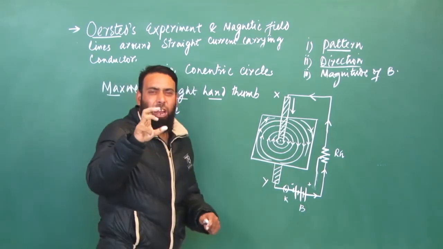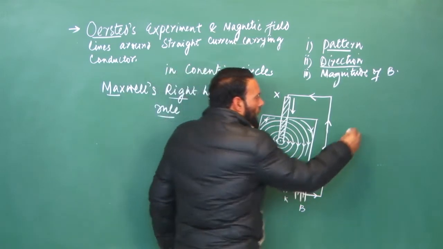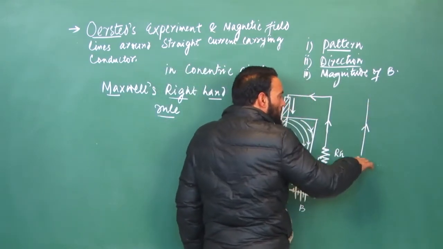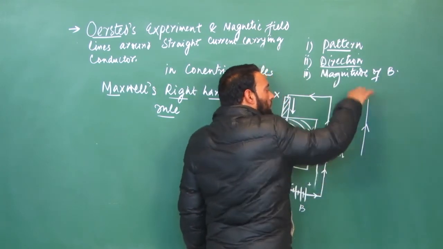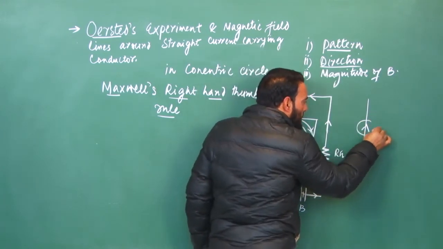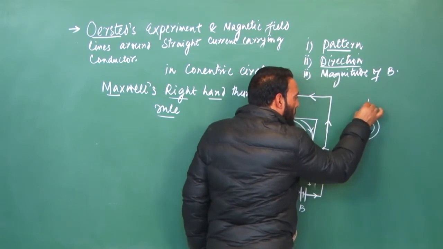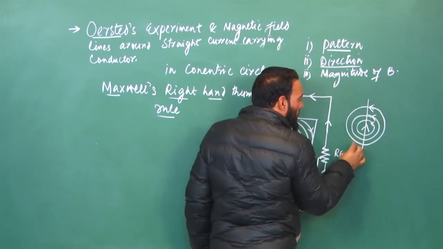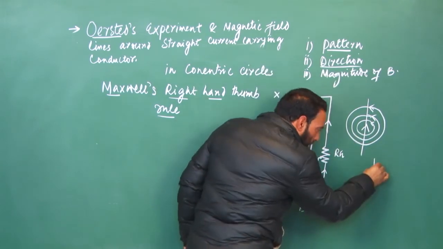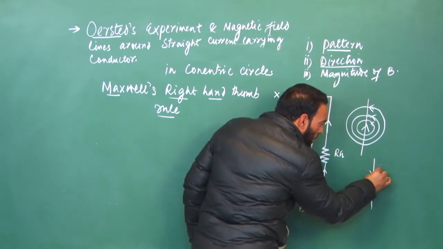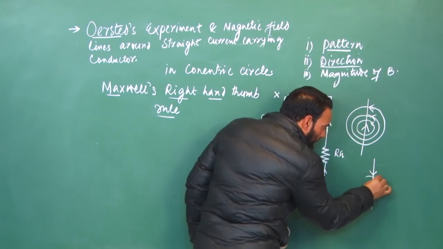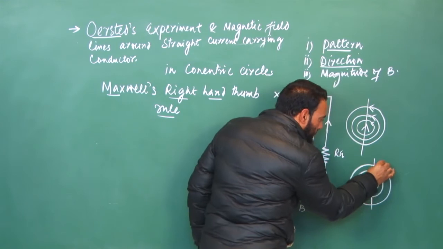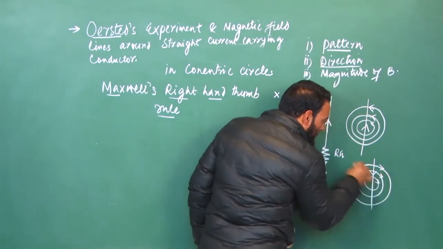In simple words, if the current is from bottom to top, the magnetic lines of force around are anti-clockwise. If the current is flowing from top to bottom, they are in clockwise direction.